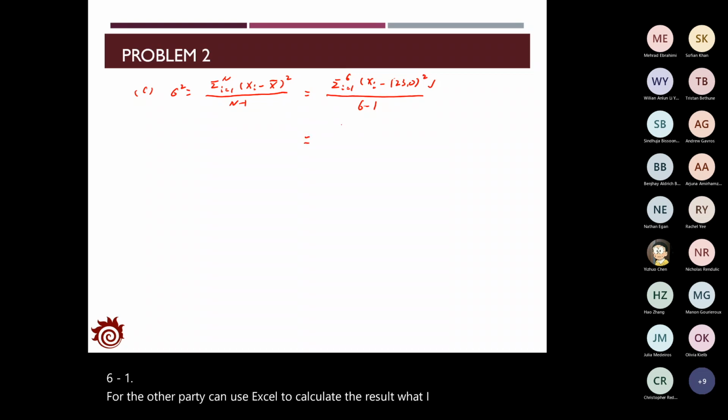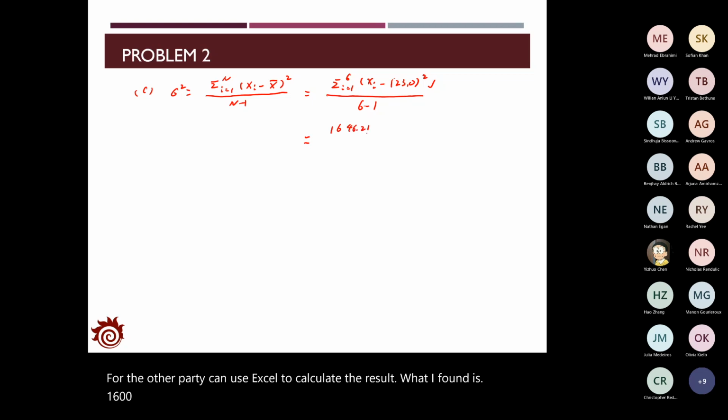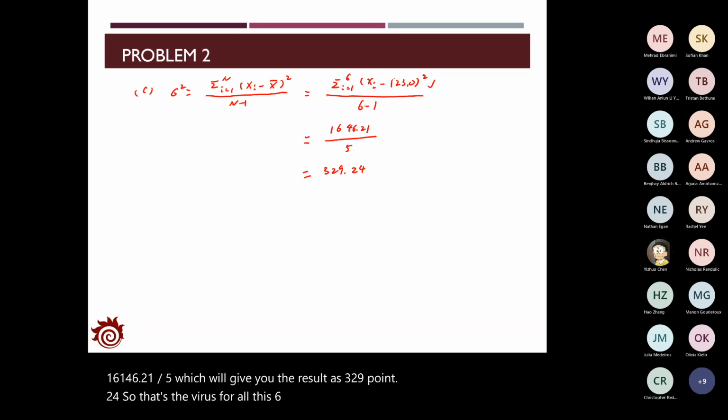What I found is 1640 46.21 divided by 5, which will give you the result as 329.24. So that's the variance for all these 6 samples. Any questions for this one?